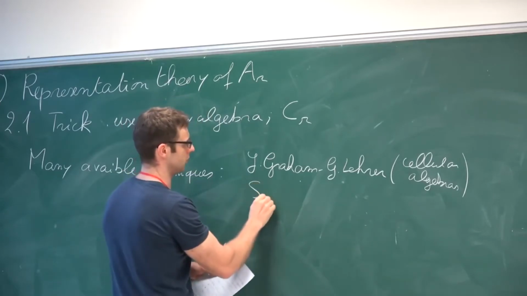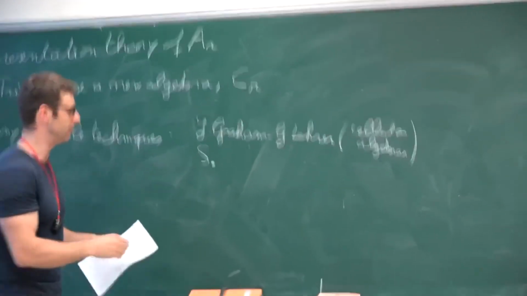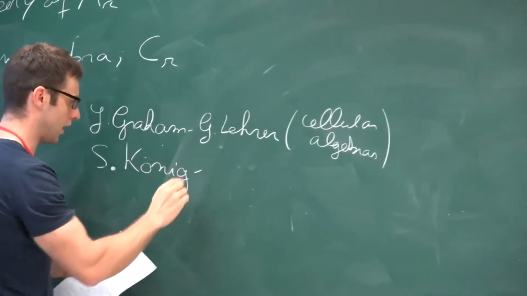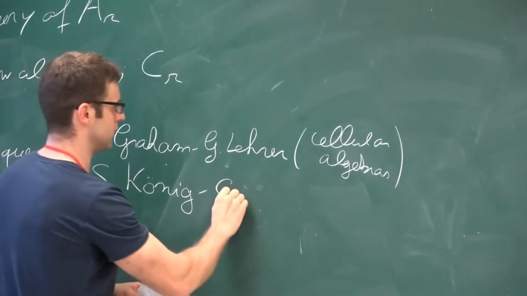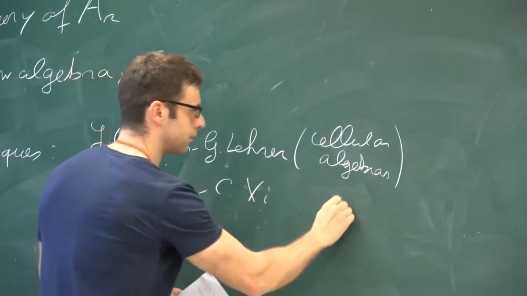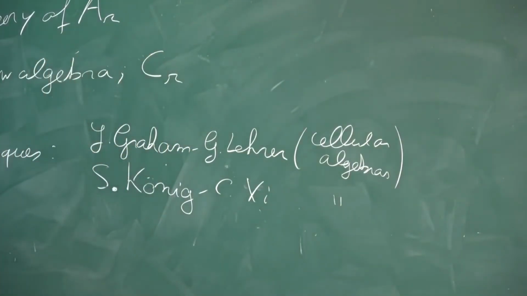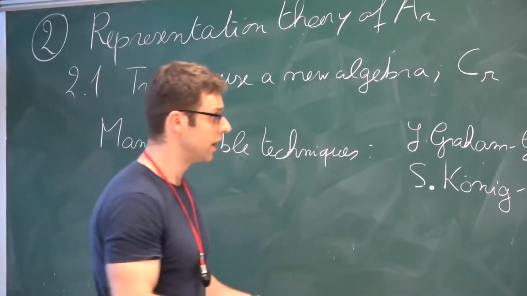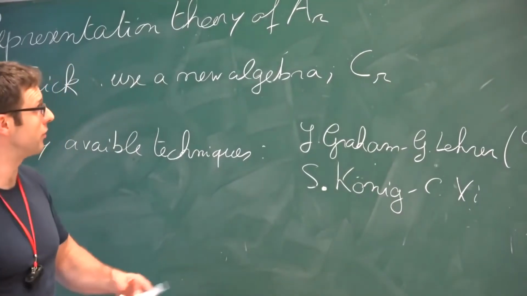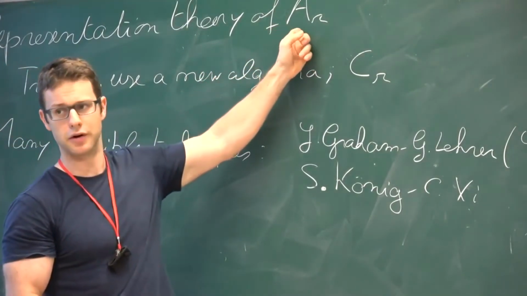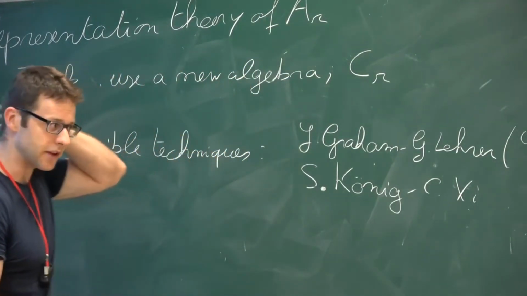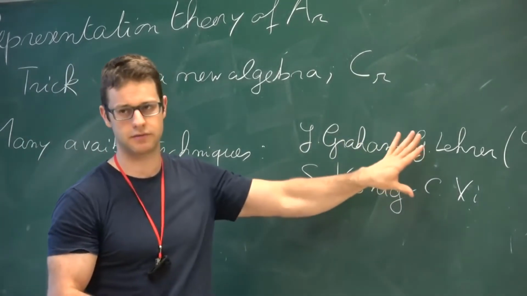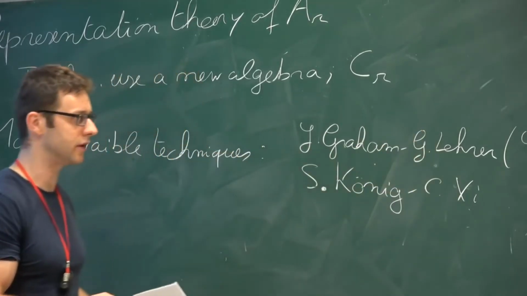It has been studied by many people. For instance, quite soon after the introduction, Stefan Koenig and Changchang Xi gave some alternative ways to deal with the same types of algebras. However, this algebra isn't cellular, but the only thing which goes wrong is the involution required for that definition.